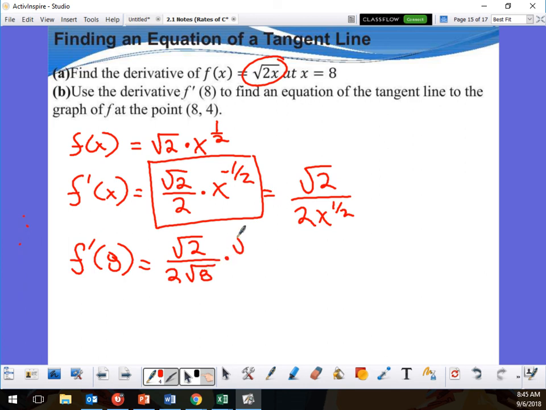I'm just going to go straight to rationalize. I'm not going to factor it. Square root of 16 over 16. What is square root of 16? 4. Which reduces to 4.